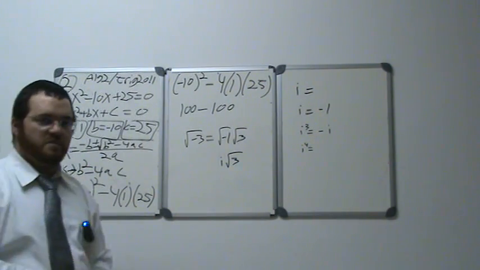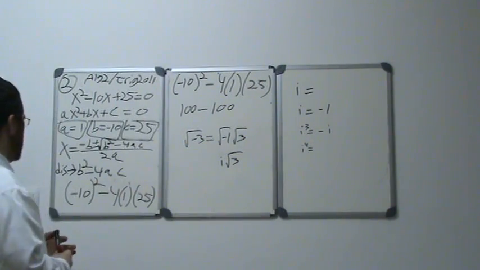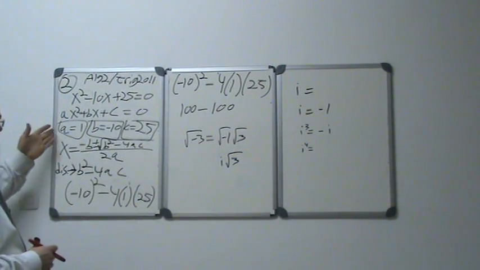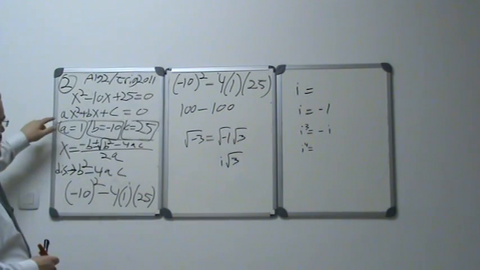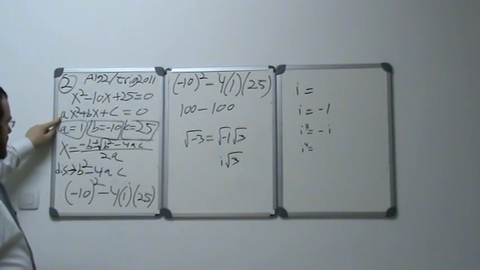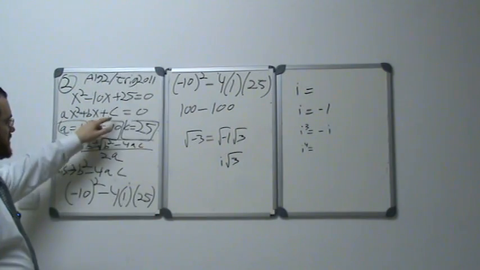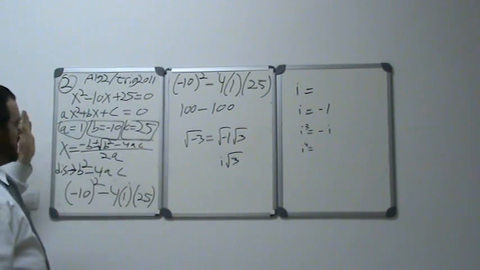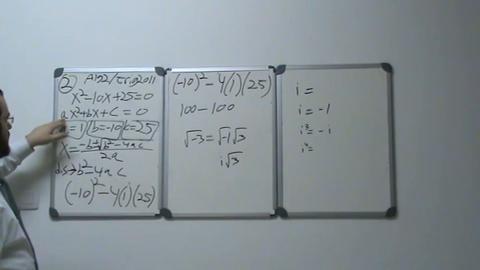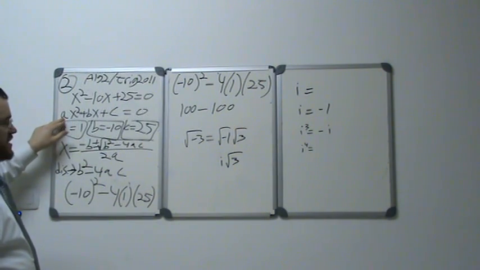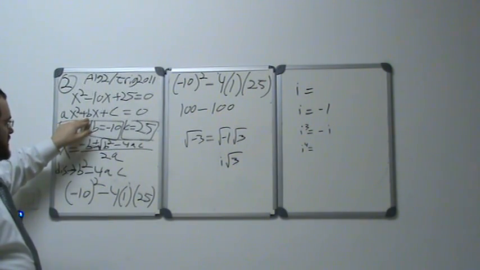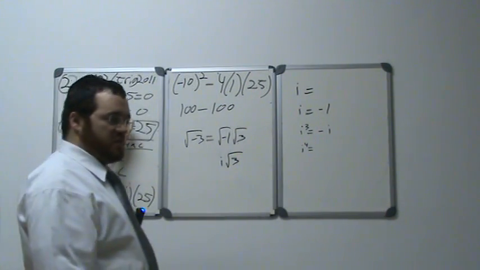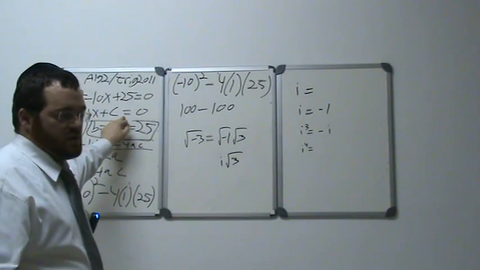So what are a, b, and c? The regular quadratic formula is ax squared plus bx plus c equals 0. A, b, and c are the numbers before the x's. So a is a number times x squared, b is a number times x, and c is a number times x to the 0 power, which is just times 1.